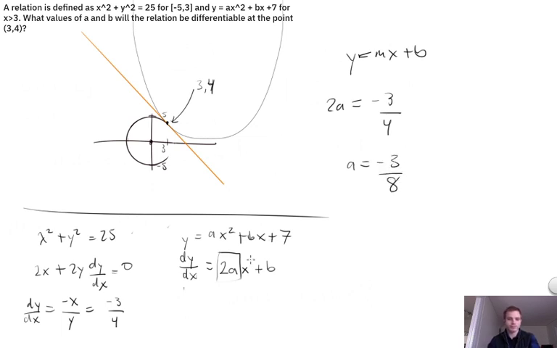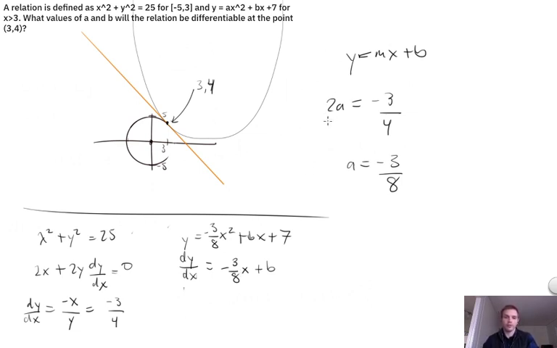All right, so then we can say that, let's plug that in for a here and a here. Negative 3/8, negative 3/8.